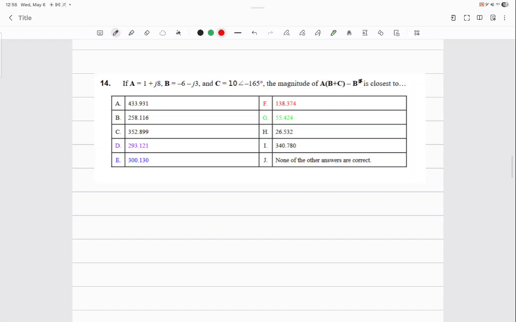This one. This is a question. We actually had two questions exactly like that. I'm not going to write anything. Give it to your calculator and tell me what the answer is.